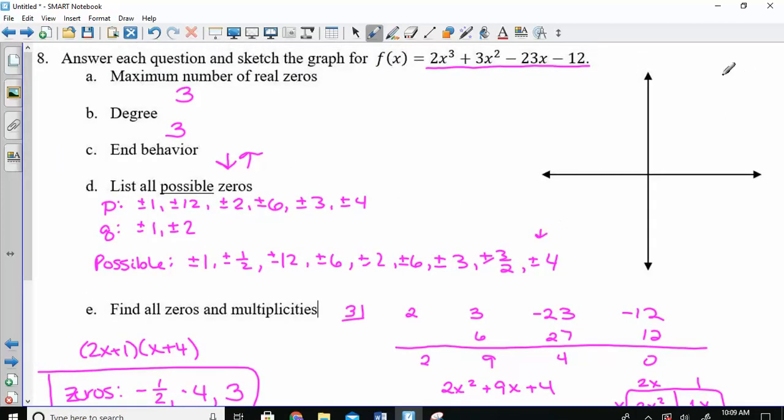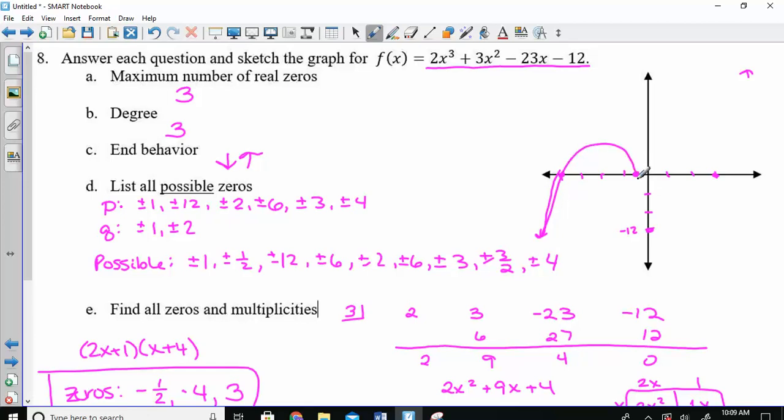So now we graph this. We know it should start down here, end up here. We hit the x-axis at -4, -1/2, and +3. Y-axis at -12. And we said it went through all the zeros.